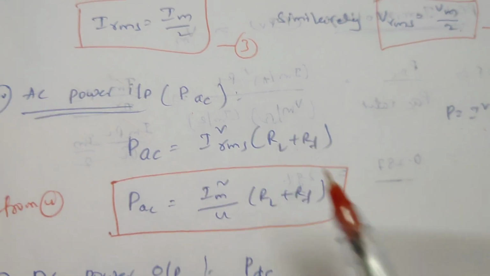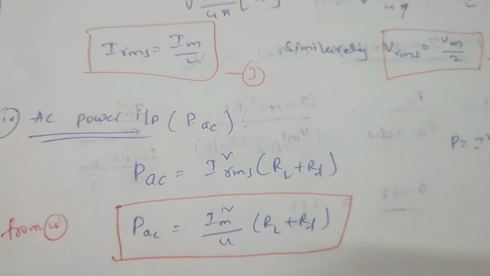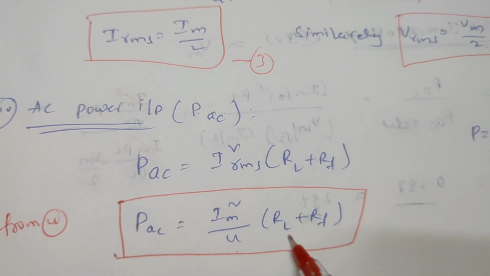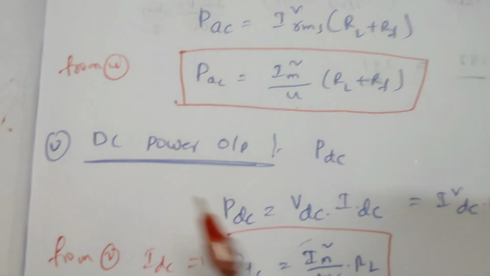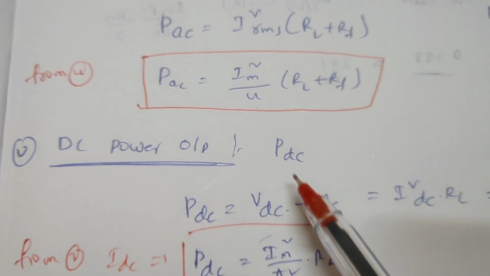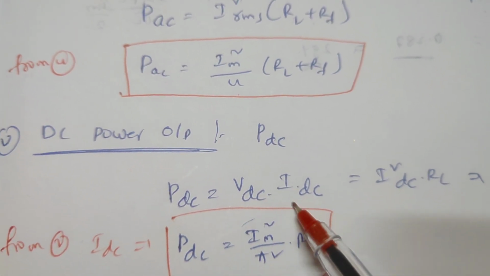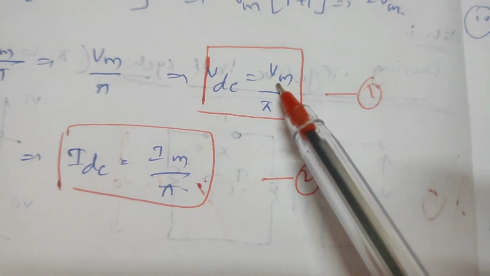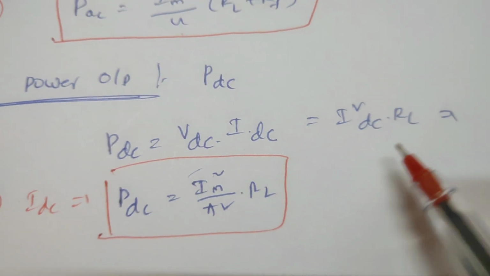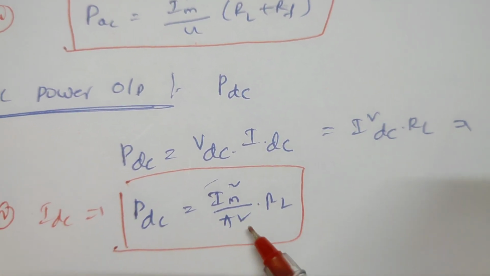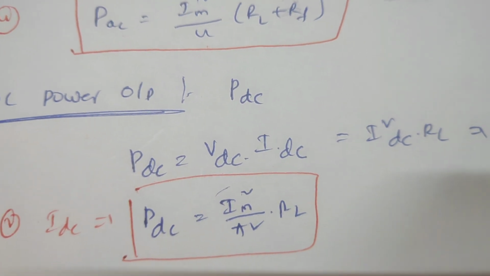Substitute IRMS as Im by 2 from equation 4. So PAC is equal to Im square by 4 into RL plus RF. Similarly, the DC output power is denoted by PDC. PDC is equal to VDC into IDC, and we know VDC is Vm by pi and IDC is Im by pi. Upon substituting these values, we get Im square by pi square into RL.